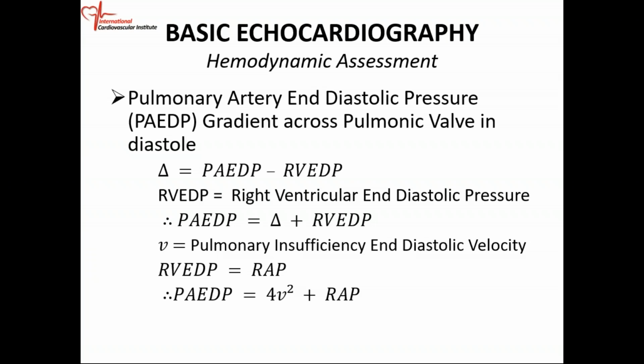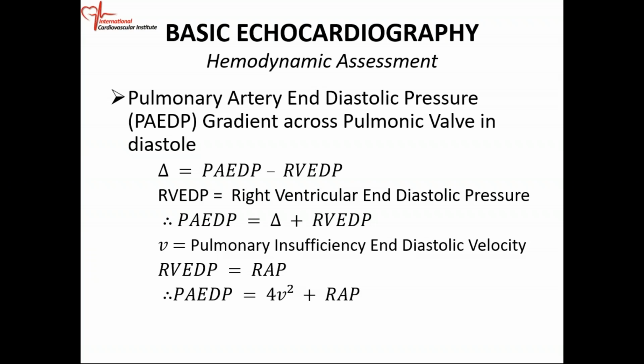That is in systole. At the end of systole, the pulmonic valve is supposed to close. If the pulmonic valve is incompetent in diastole, then blood is going to flow back from the pulmonary trunk across the pulmonic valve into the right ventricular outflow tract.